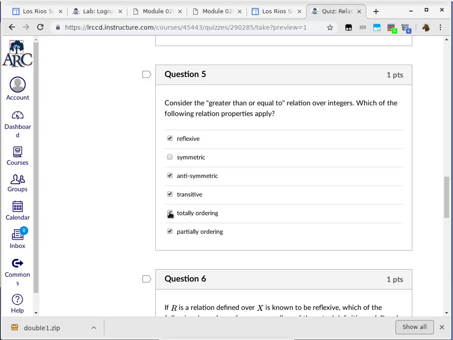It is not symmetric. Symmetric says for every way to pick out A and B, A is greater than or equal to B if and only if B is greater than or equal to A. Is that statement true? Well, the statement is not true because if I pick A to be 1, B to be 2, then B is greater than or equal to A is true, right?